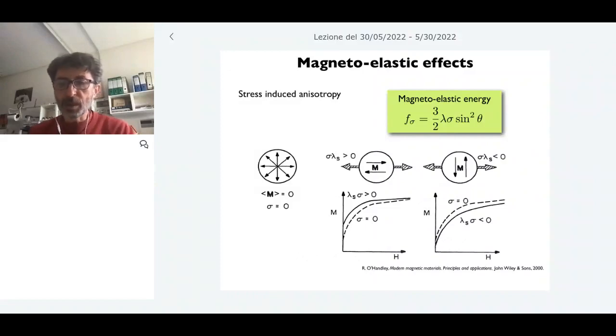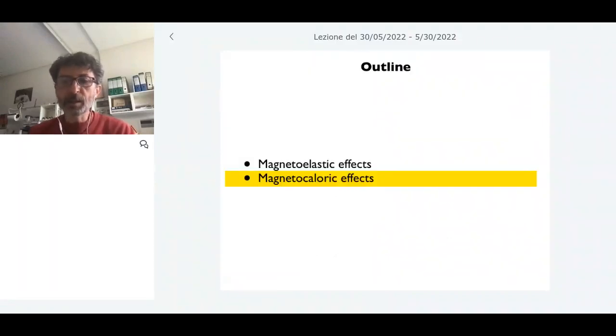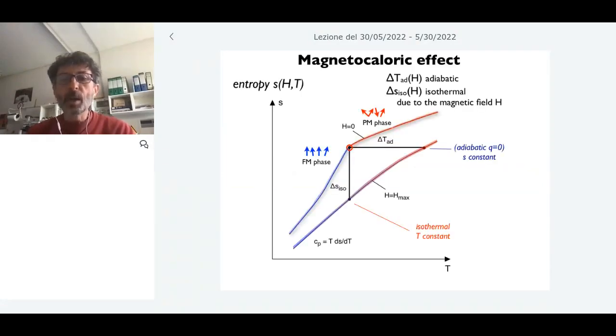Okay, let's proceed. Let's stop here with magnetoelastic effects and consider magnetocaloric effects. Here we have the coupling between magnetism and heat, or entropy. Why do we have the magnetocaloric effect?